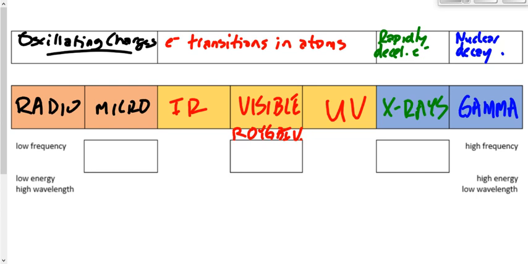And the reason we know it's ultraviolet is not because we've memorized the range of ultraviolet, but rather because we've memorized the range of microwaves to be 10 to the 9 to 10 to the 12 hertz. We've memorized the range of X-rays to be 10 to the 17 to 10 to the 19.